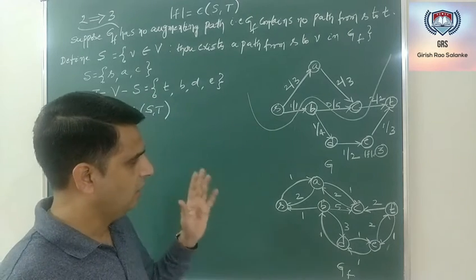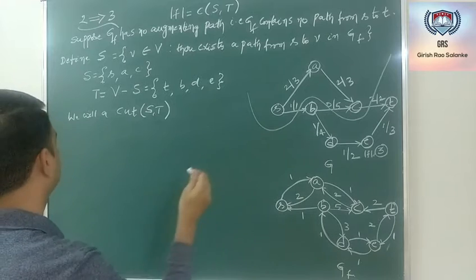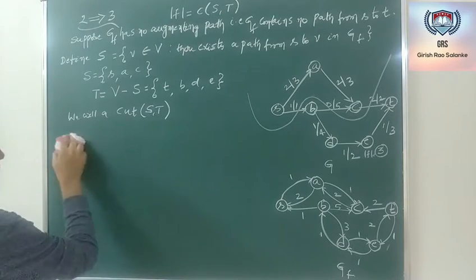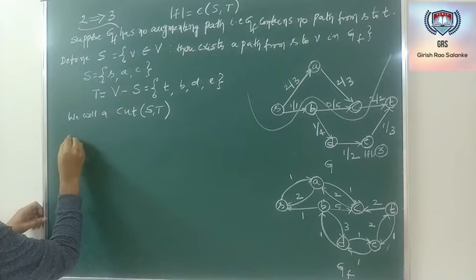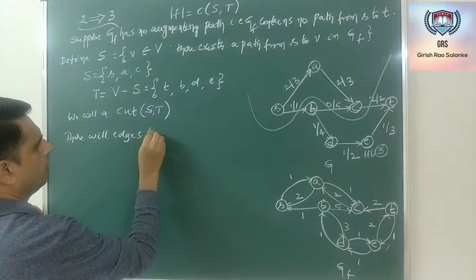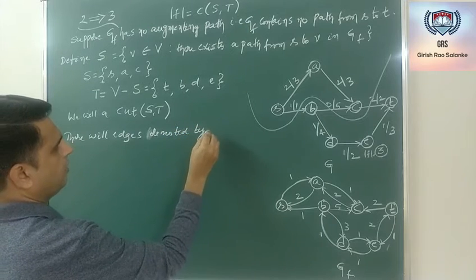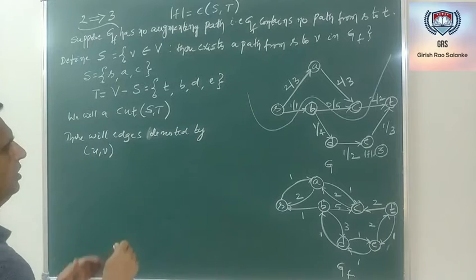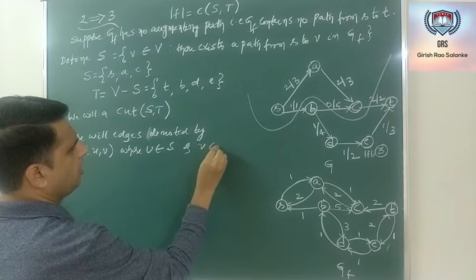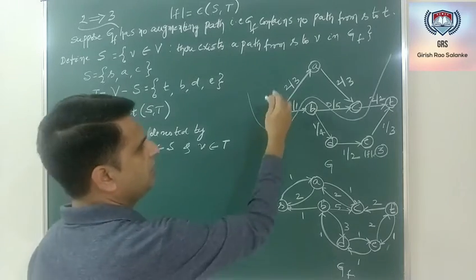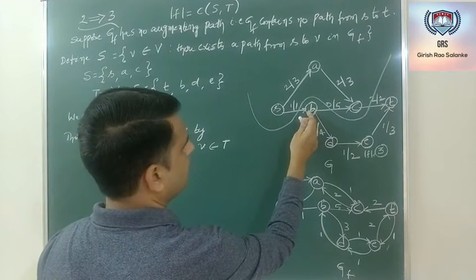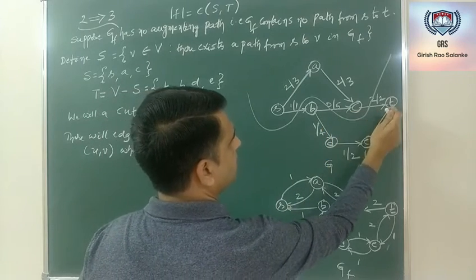Now what we will do on this, I can have the edges. If you see this, there will be edges denoted by UV, where U belongs to S and V belongs to T. Now in this ST cut, I have edges SB, BC and CT.